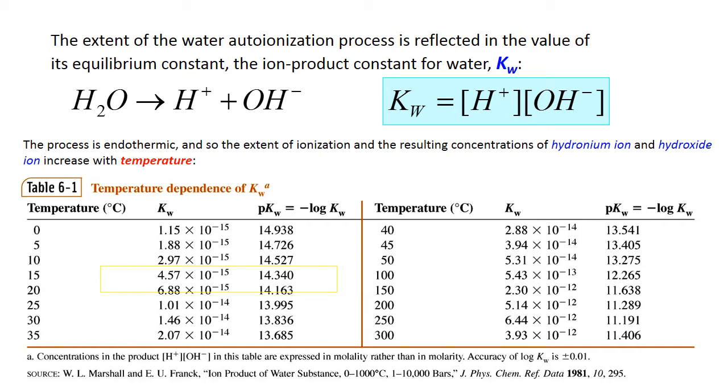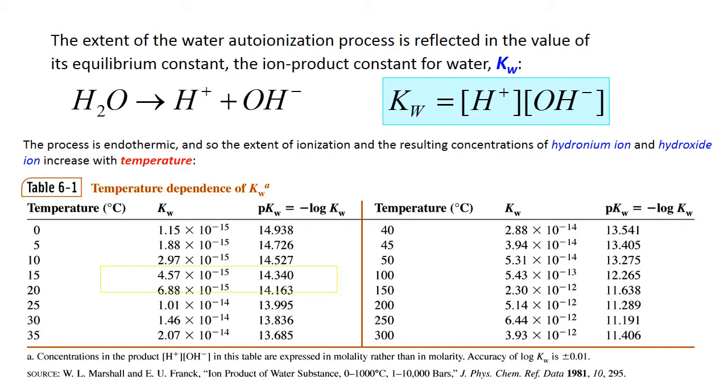This process is endothermic, so the extent of ionization and the resulting concentration of hydronium ion and hydroxide ion increase with temperature. We can look at this table. At room temperature, again, we have 10 to the negative 14.